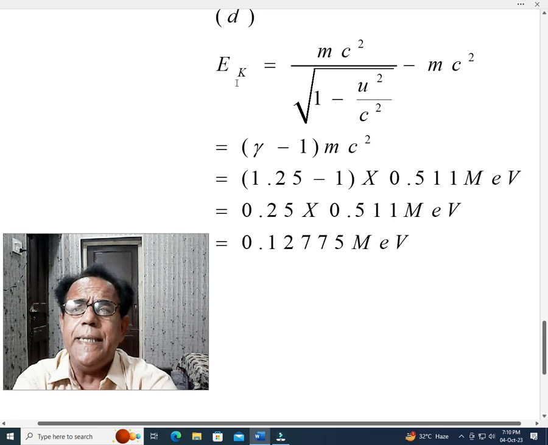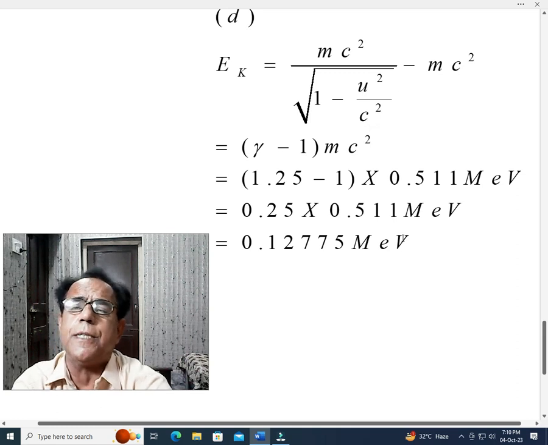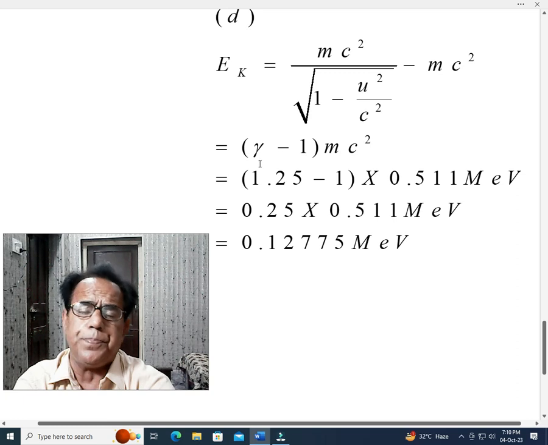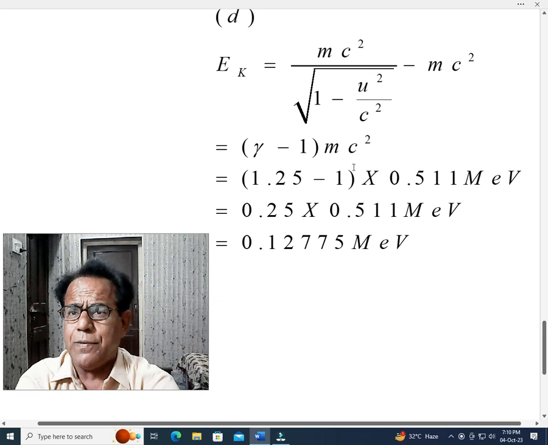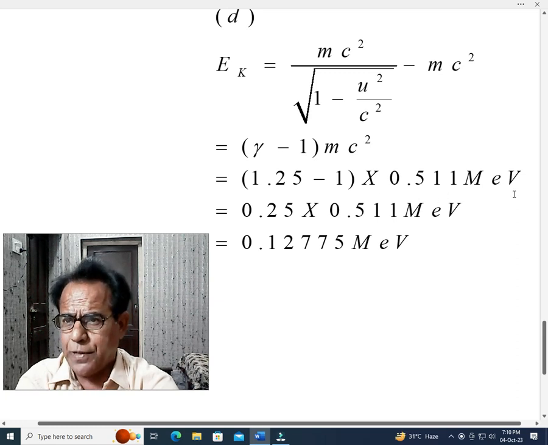Kinetic energy EK, where K is written as a subscript of E, is equal to mc square over the square root of 1 minus u square over c square, minus mc square. This is alternatively equal to gamma minus 1 times mc square. We have found the value of gamma in part A of this problem, which is 1.25, minus 1, into mc square. The value of mc square is given in the statement, which is 0.511 million electron volt.